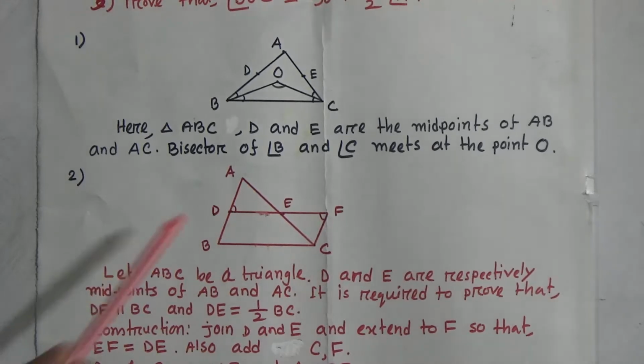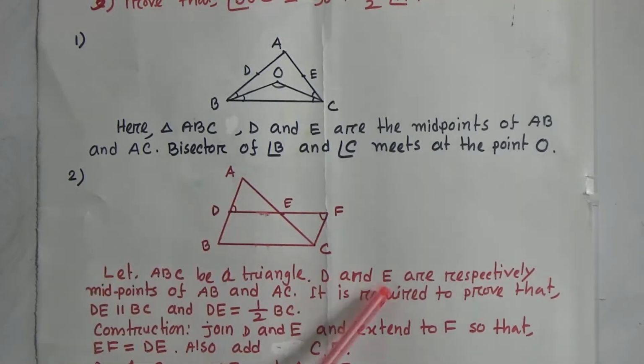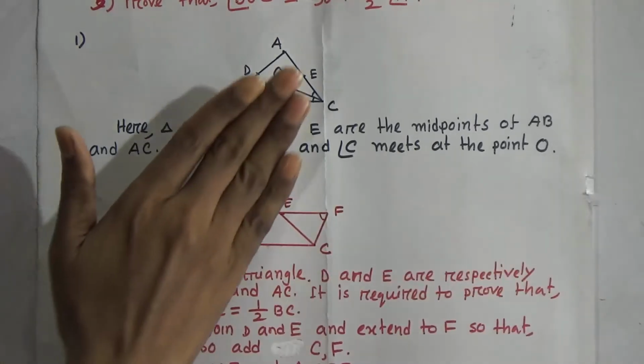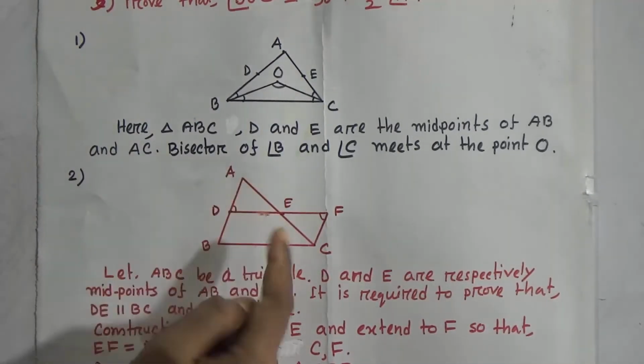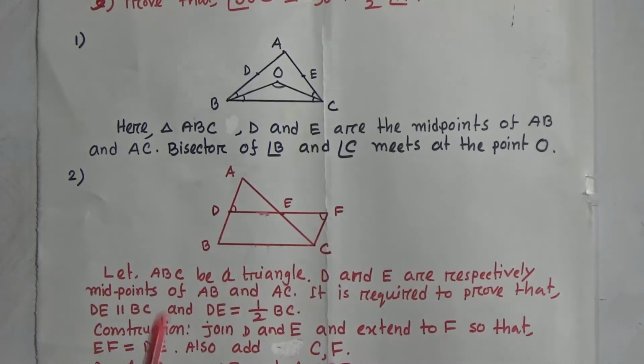Now see, let ABC be a triangle. D and E are respectively the midpoints of AB and AC. We are to prove that DE is parallel to BC and DE equals half of BC. Now we need some construction. Look, this figure is the construction.